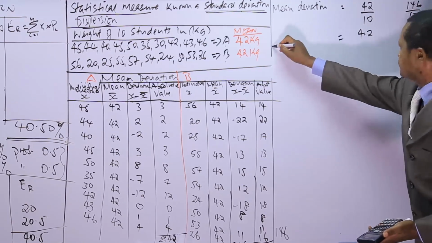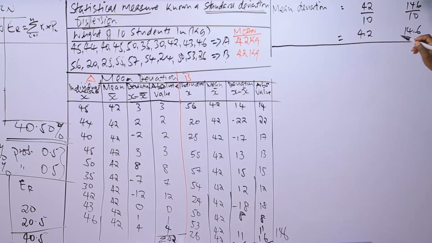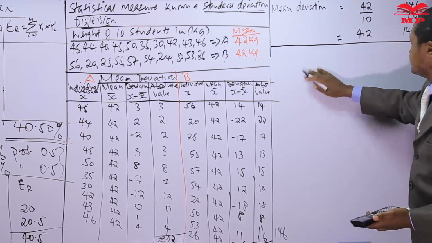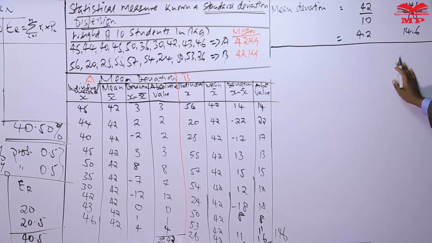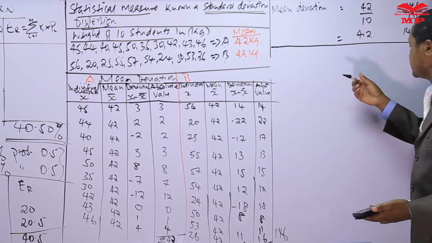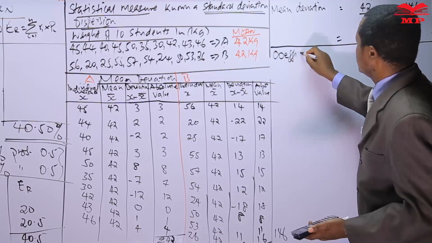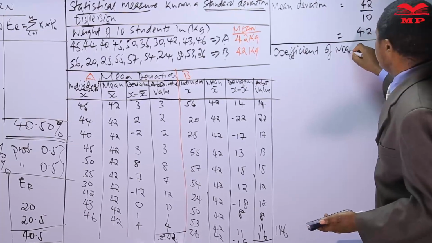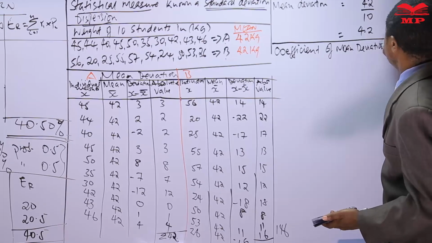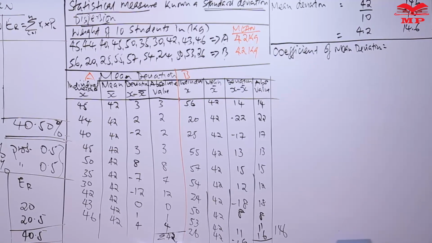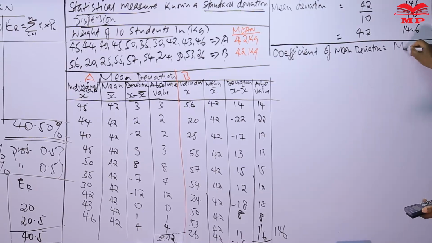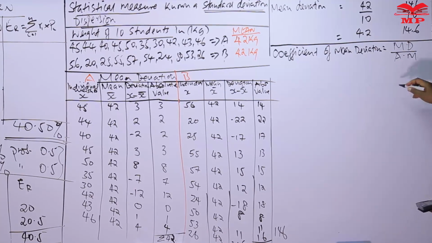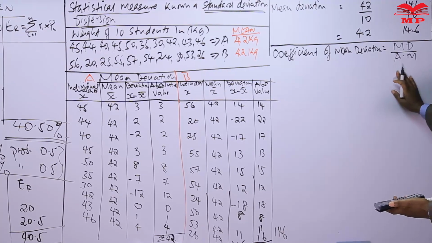Just to remind ourselves further, when the mean deviation is divided by the arithmetic mean, we get the coefficient of mean deviation.